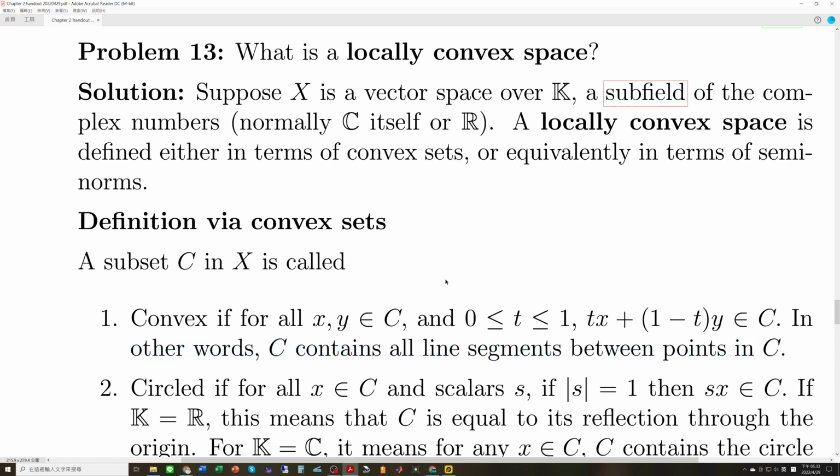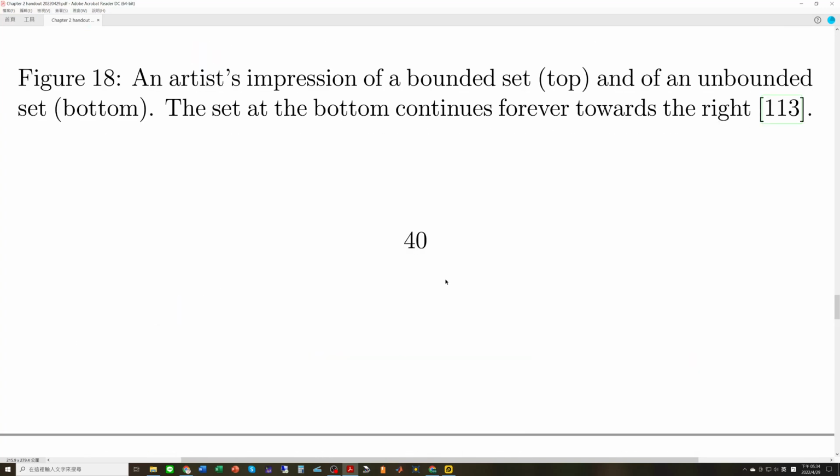Do you remember we have seen a figure for a convex set example? Let us go back to the figure.